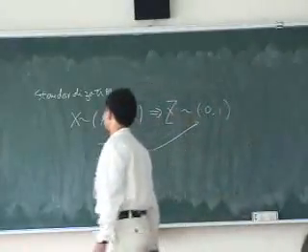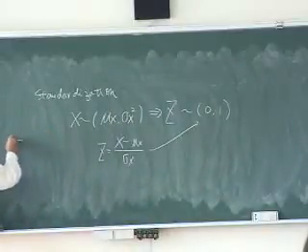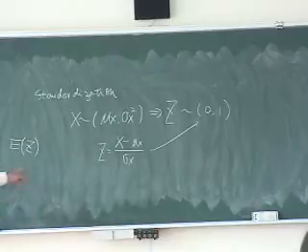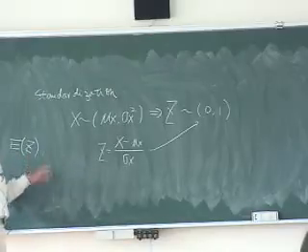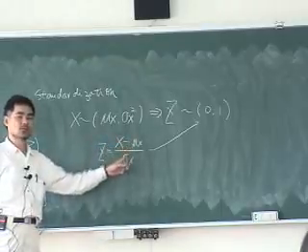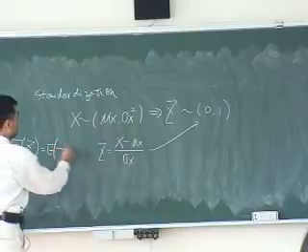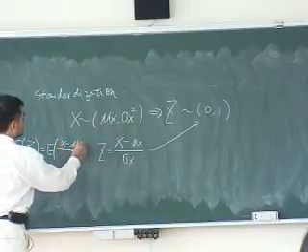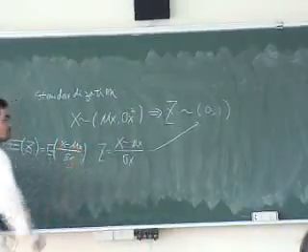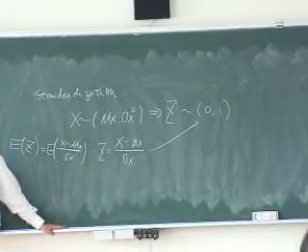First, the expectation of Z. Because Z is equal to (X minus mu x) over sigma x, you have the expectation of (X minus mu x) divided by sigma x. Any questions so far?